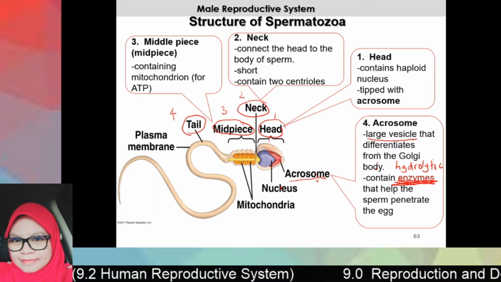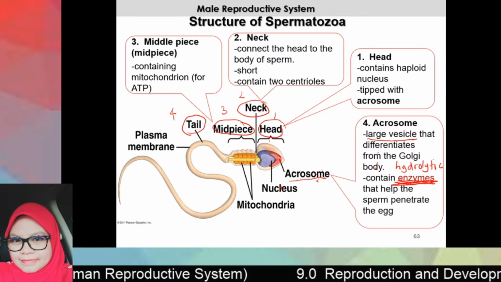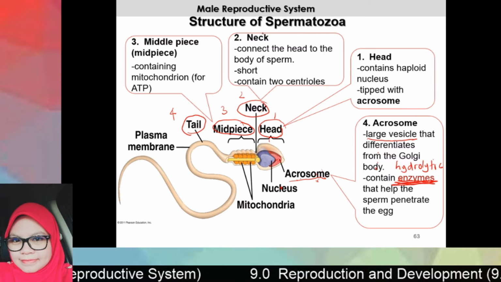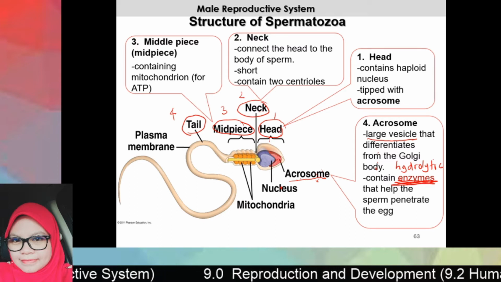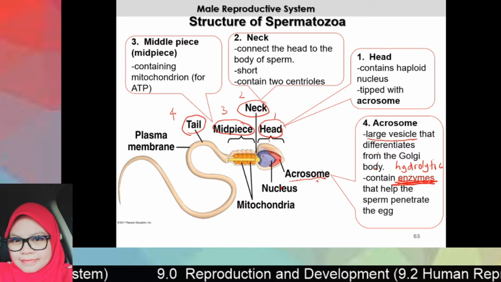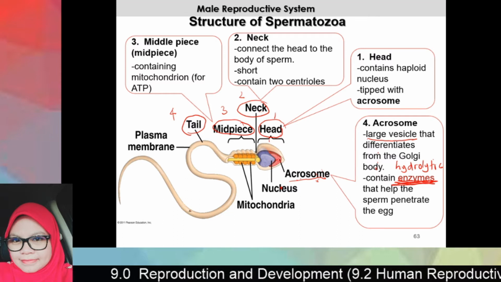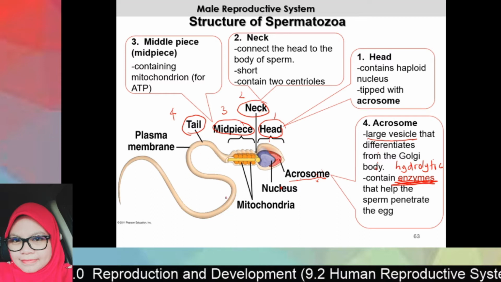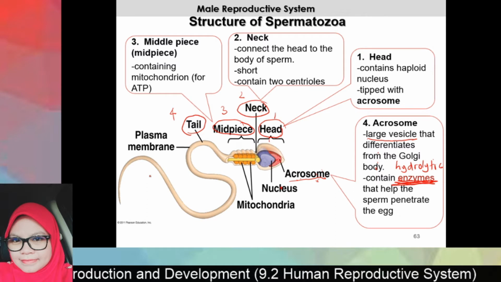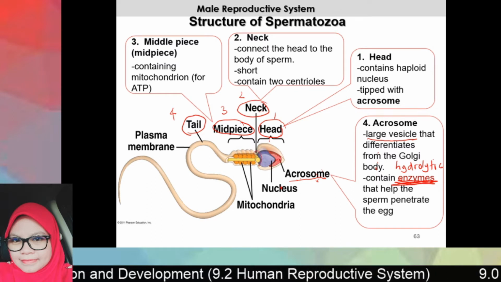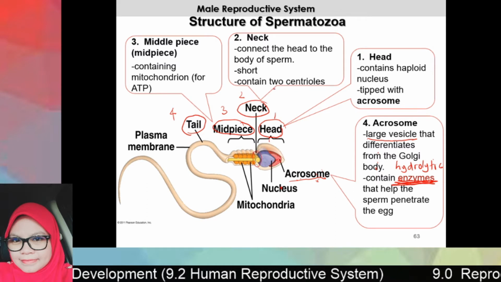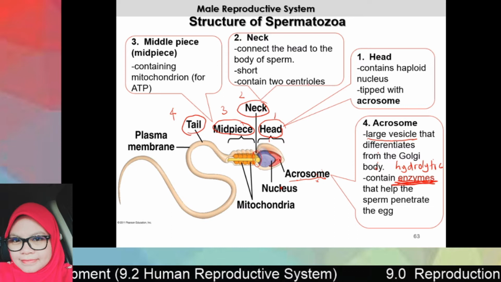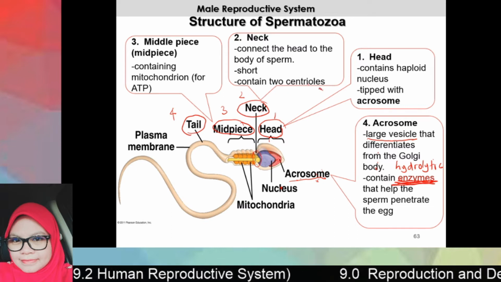Next, the neck. This structure is important to connect the head of the sperm and the entire body, which is the mid piece and also the tail. The neck is made up of 2 centrioles.